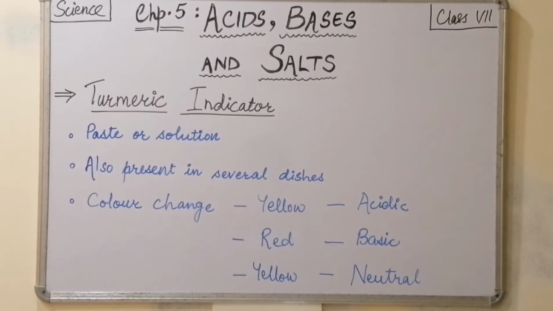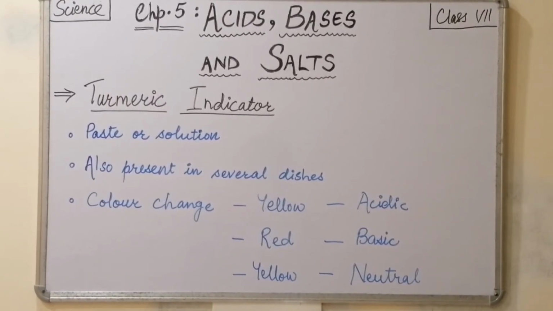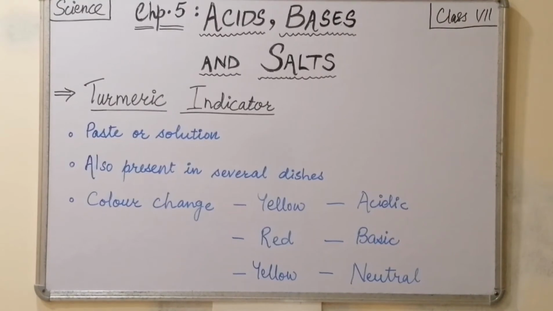Now this yellow colored stain turns red when we dip it into the detergent solution. That means our detergents, as we have already seen, all the soaps and detergents, are basic in nature. So the bases give a red color change when used with the turmeric indicator.